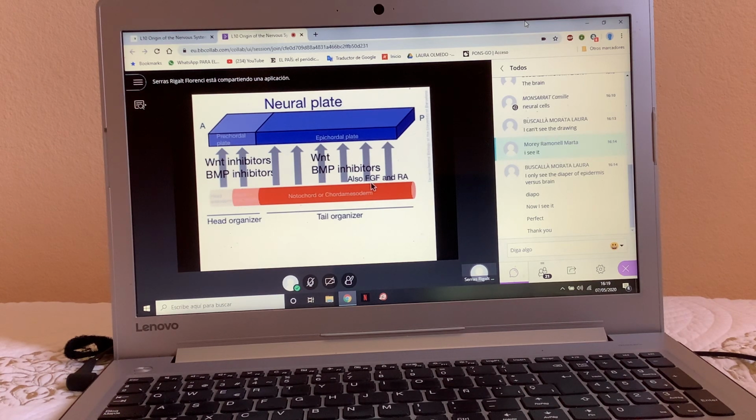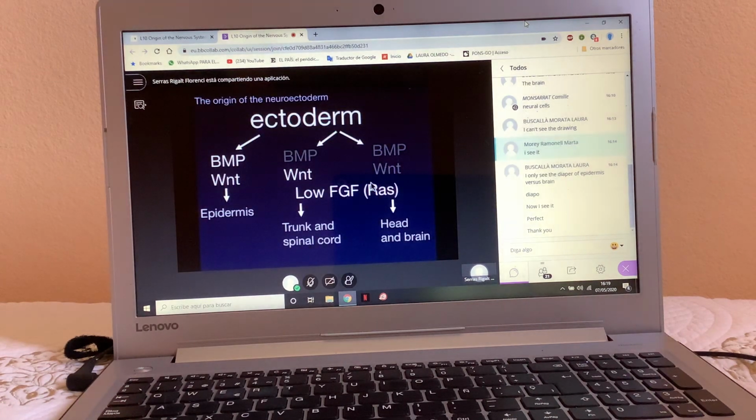So my last slide, the message that I want you to take home is what you have here. That early decision that the ectoderm has to make, to be epidermis or to be nervous system, is exactly what is depicted here by a signaling mechanism.